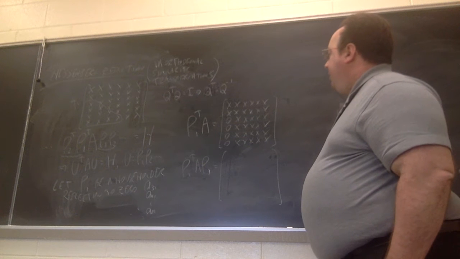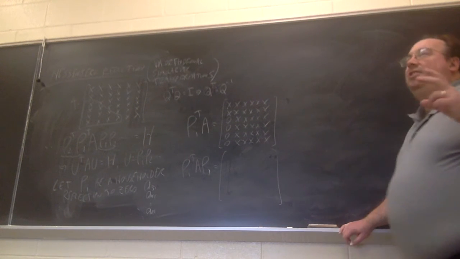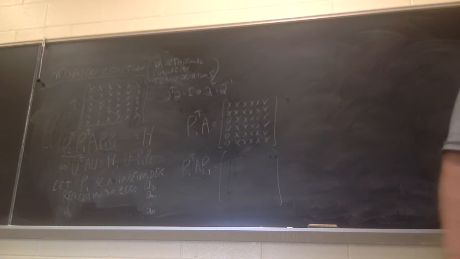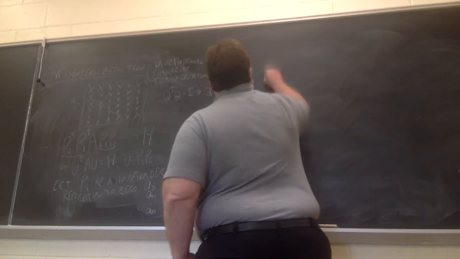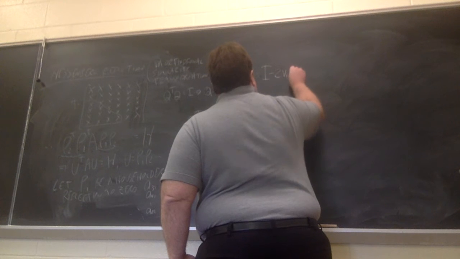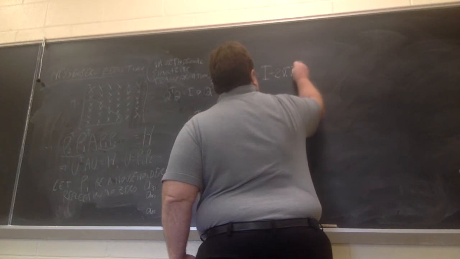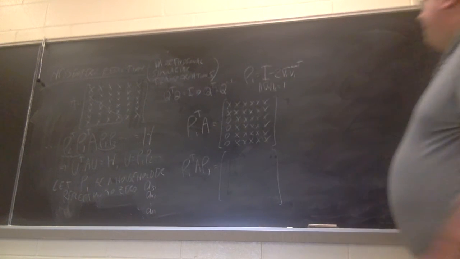Because of the way a Householder reflection works: you take a vector, you want to wipe out everything except the first entry, and use that to get your V. So P1 is identity minus 2 V1 V1 transpose, where V1 is a unit vector.